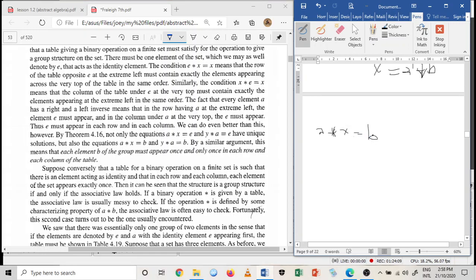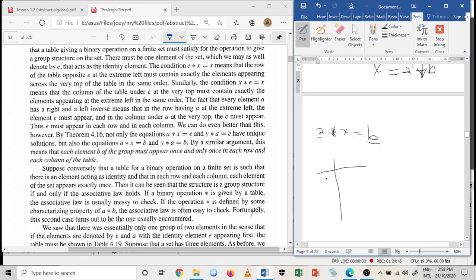Meaning B should be found aligned with A horizontally and aligned with A vertically. And this is true for every element A and B of the group. Meaning, each element of the group can be found in each row and each column. There should be a B in each row, and there should also be a B in each column. Again, this would imply that there is a B along A.